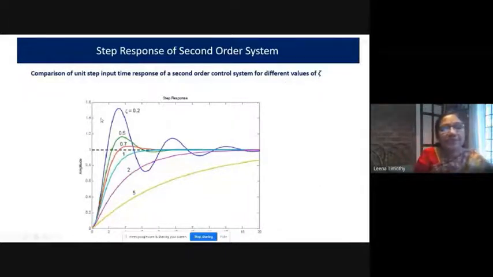For different values of theta, that is theta is equal to 0.2, that is the theta is in the range 0 and 1, so that is an underdamped system. 0.5, 0.7, oscillations. Theta is equal to 1 is critically damped. But greater than 1 is overdamped, and sustained oscillations when theta is equal to 0.